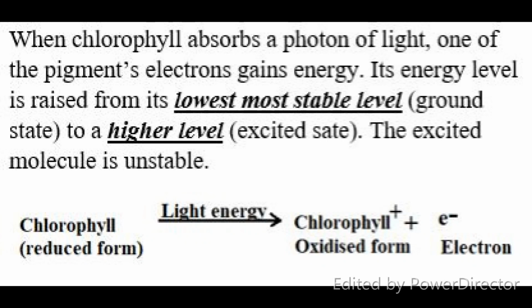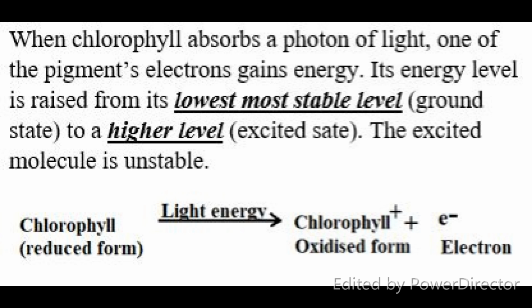When chlorophyll absorbs a photon of light, one of the pigment's electrons gains energy. Its energy level is raised from its lowest, most stable level, or ground state, to a higher level, the excited state. The excited molecule is unstable.